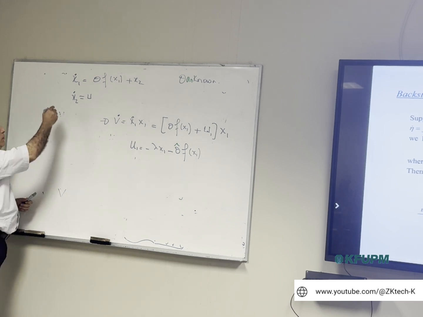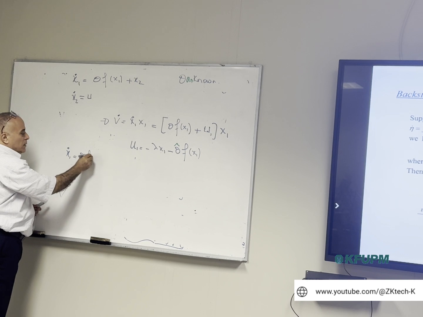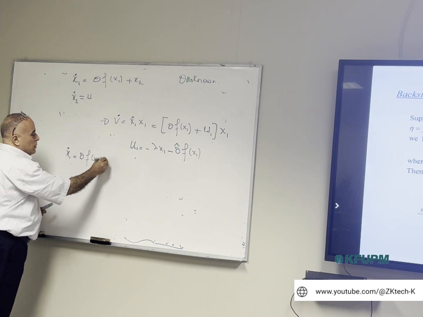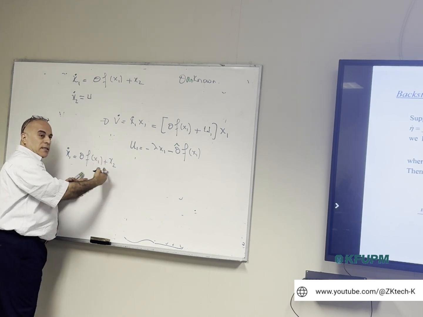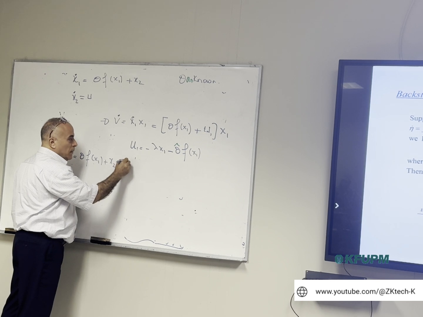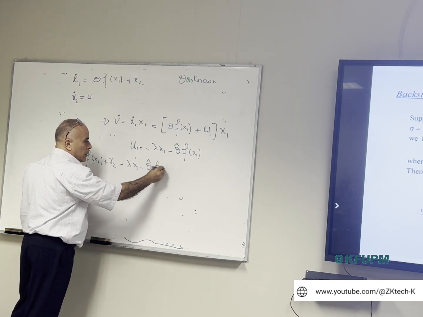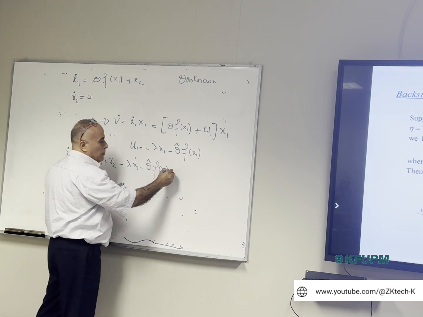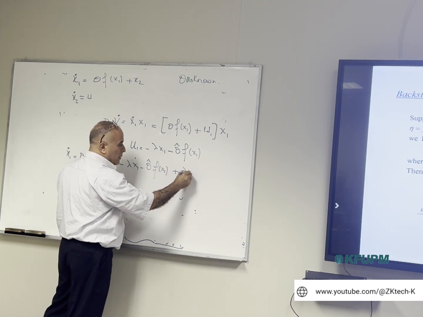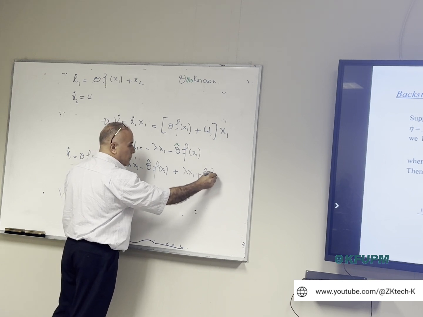Now I go back to my equation. I have x1 prime equal to theta f of x1 plus x2. And then I need to add and subtract this phi of x. Everybody's okay with this? Yes. So I will put plus minus lambda x1 minus theta hat f of x1 plus lambda x1 plus theta hat f of x1.